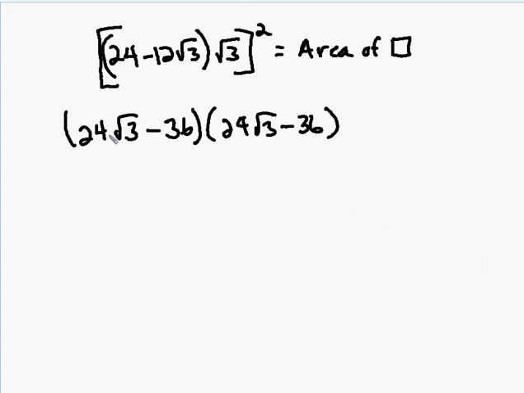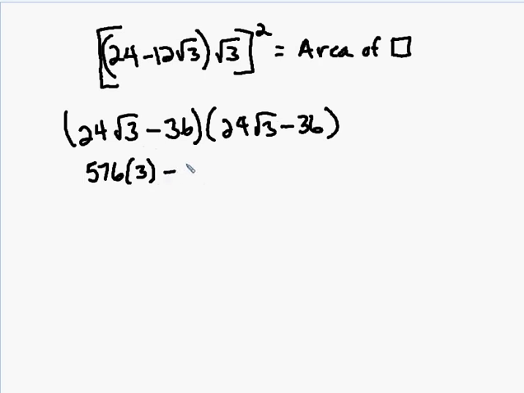Well, picking up a calculator, I see that 24 times 24 is equal to 576. And I know root 3 times root 3 is going to be just 3. So using the FOIL method, I'm going to multiply the first values. Then I'm going to multiply the outside values.